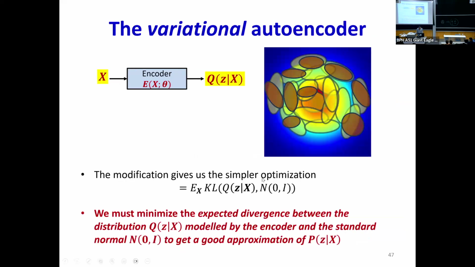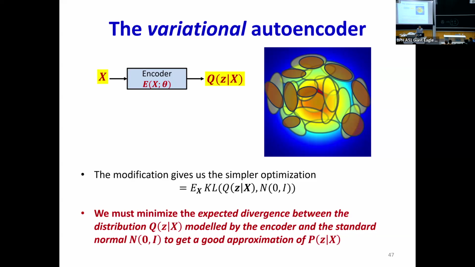And the first term is the KL divergence between Q and P of Z, which we assumed was a standard Gaussian, right? And so we must minimize the expected divergence between the distribution Q output by the encoder and the standard normal with zero mean and unit variance.